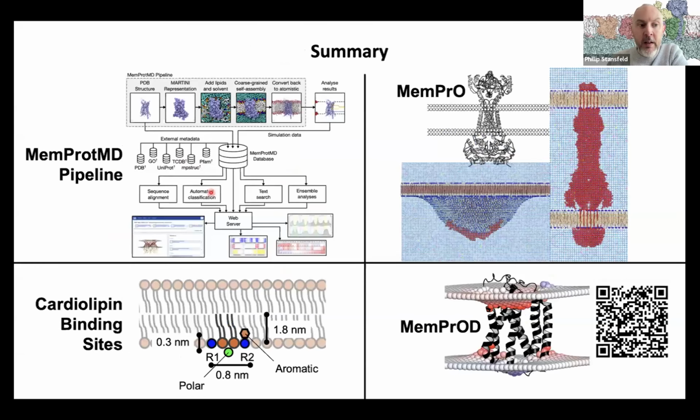Okay, I'll stop there. What I've talked to you about in the past 30 minutes is our overall pipeline for MemProtMD, building on what Charlotte told you originally. I've shown you how you can use our molecular simulations, those coarse grain molecular simulations, to identify cardiolipin lipid binding sites.